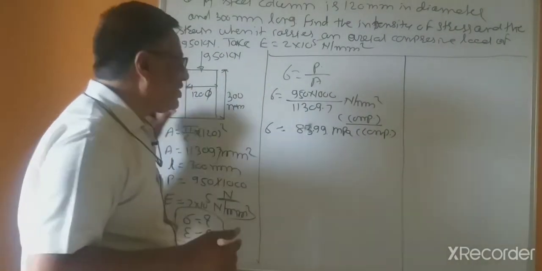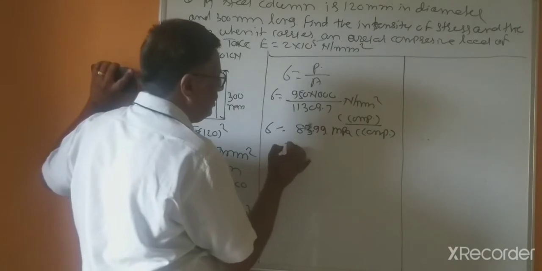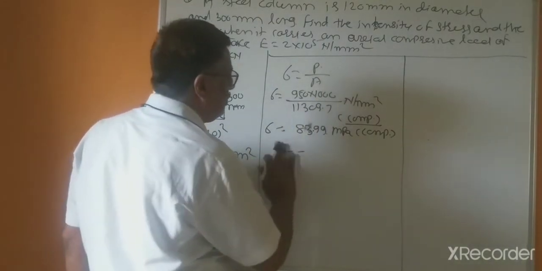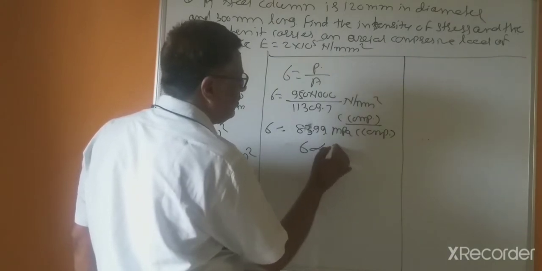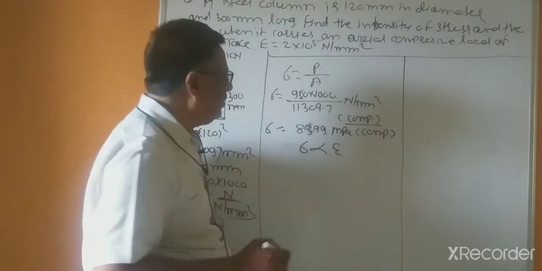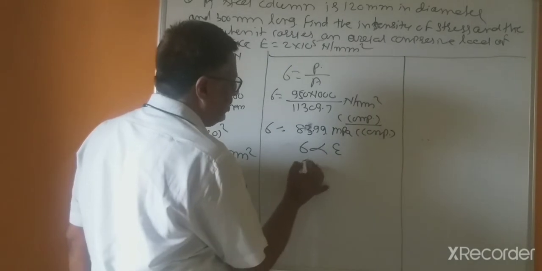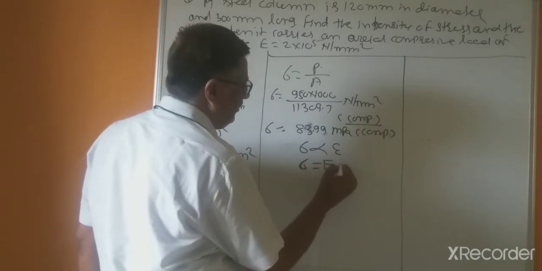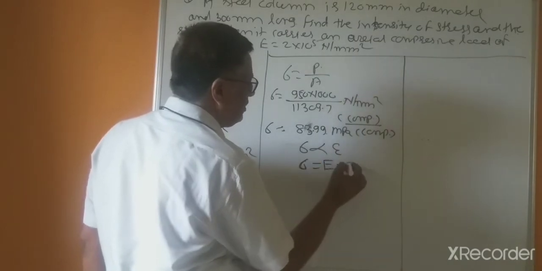What is next? Strain. As you know, according to Hooke's law, stress is directly proportional to strain. To evaluate this proportionality, we introduce E, the modulus of elasticity.